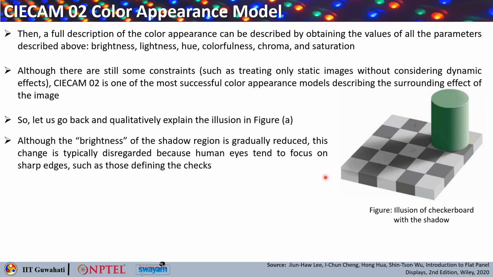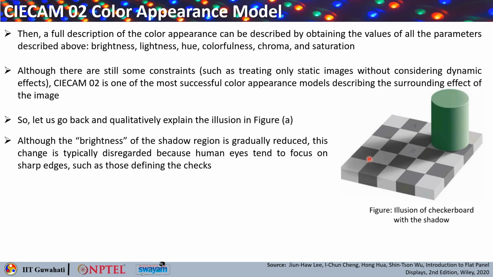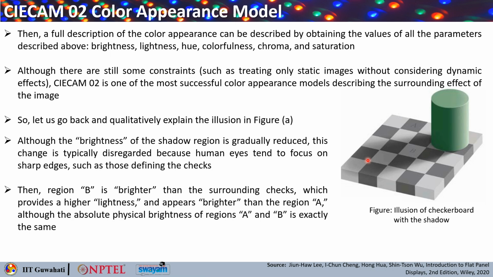You can say, although the brightness of the shadow region is gradually reduced, this change is typically disregarded because human eyes tend to focus on the sharp edges, okay, such as those basically defining the checks. So, your focus will be mainly on the sharp edges, okay, not on this gradual decrease in the shadow darkness.